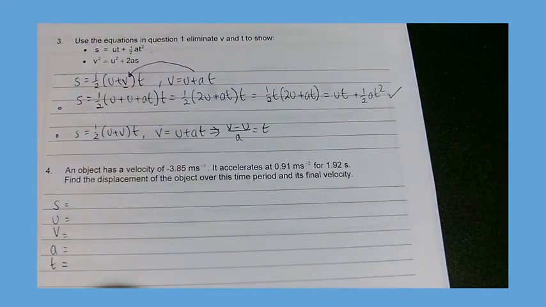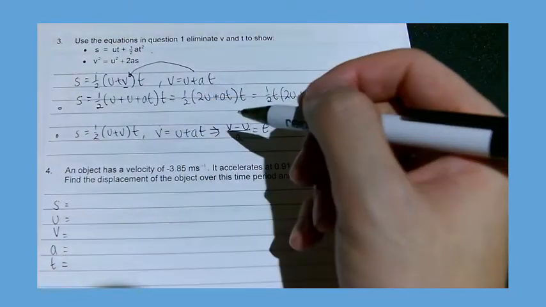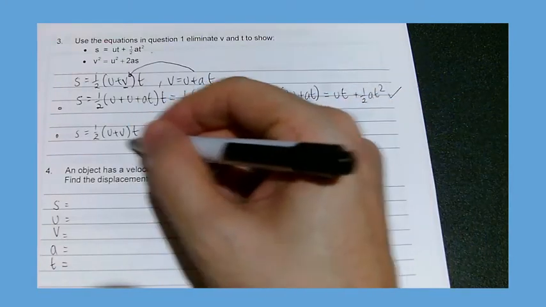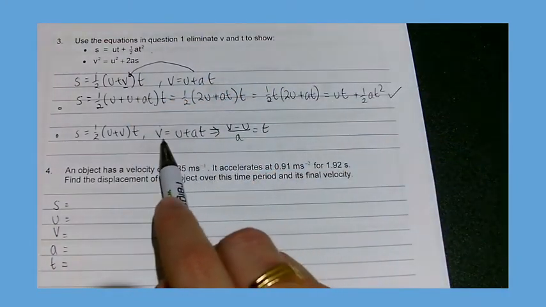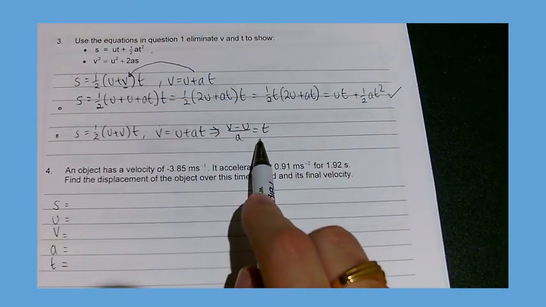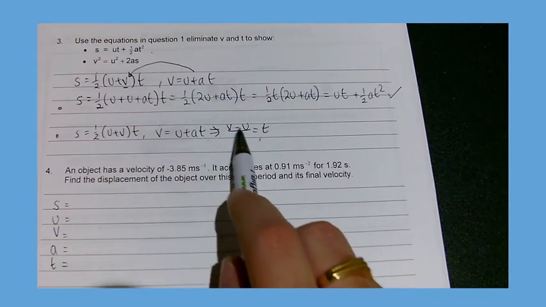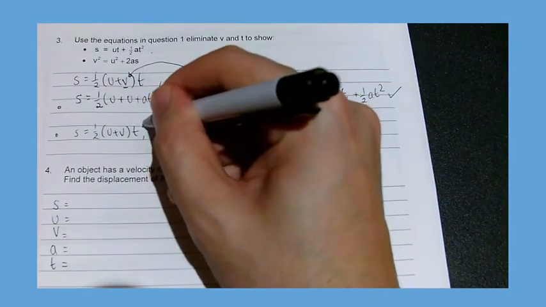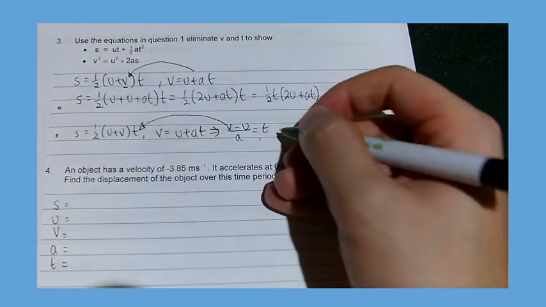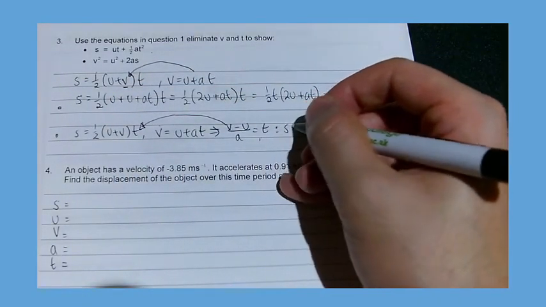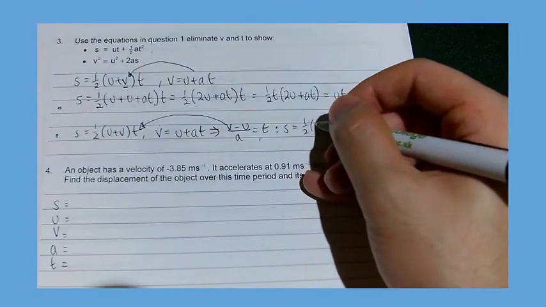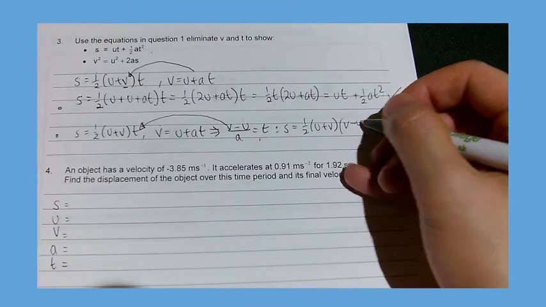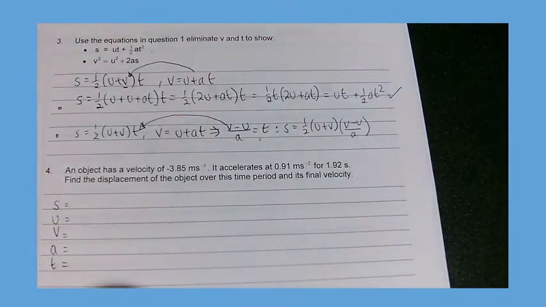The next thing I've got to do is also eliminate t. So I've got the same equation from question 1, and I've rearranged this to make t the subject. Now I'm going to substitute in v minus u over a for t here. So s equals half u plus v times v minus u over a.